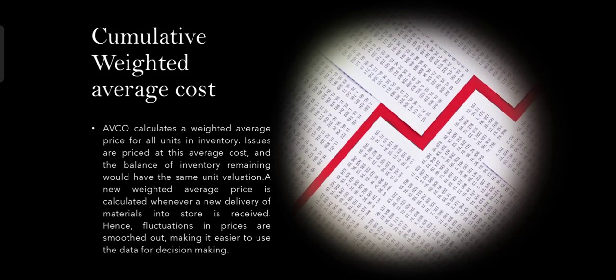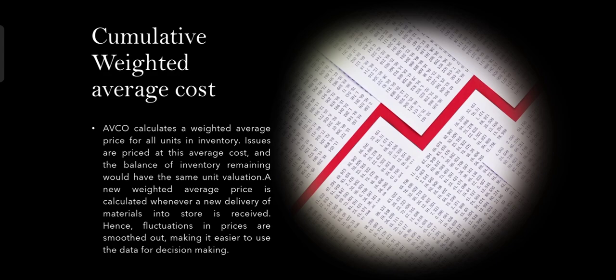The other method is the cumulative weighted average cost method. The weighted average cost method calculates a weighted average price for all the units in inventory. The issues are priced at this average cost, and the balance of inventory remaining would have the same unit valuation.